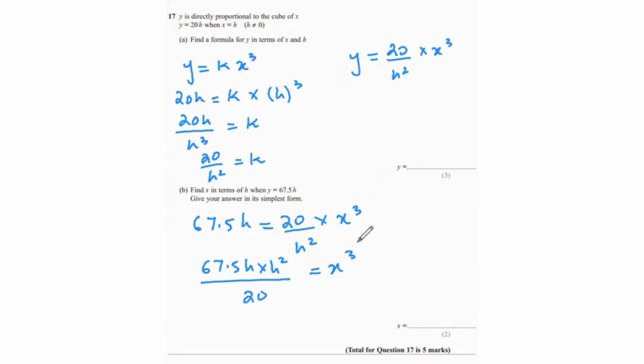So 67.5 divided by 20 is going to be 3.375h cubed. Now we take the cube root on both sides. That gives us 1.5h as the value of x. Simple as that.